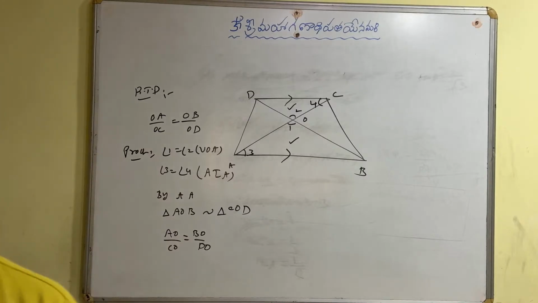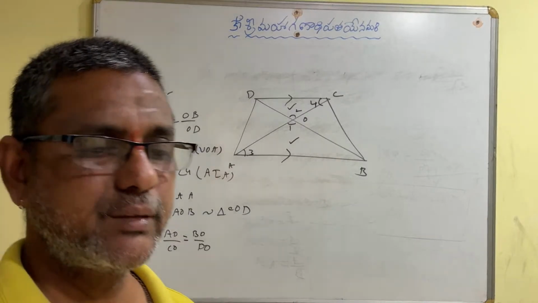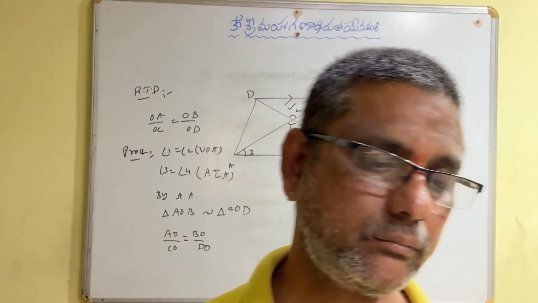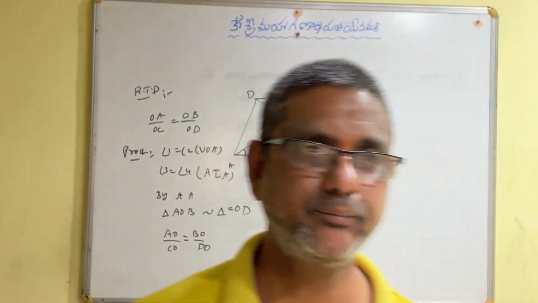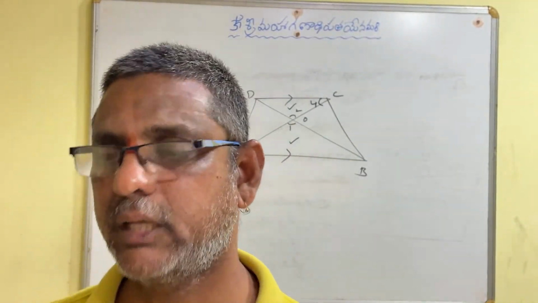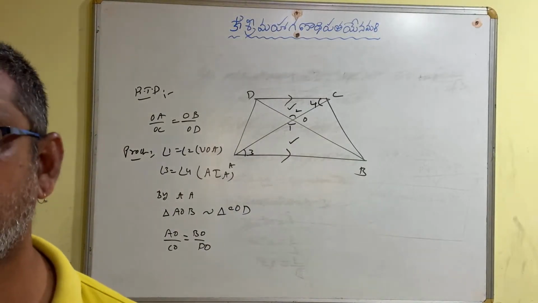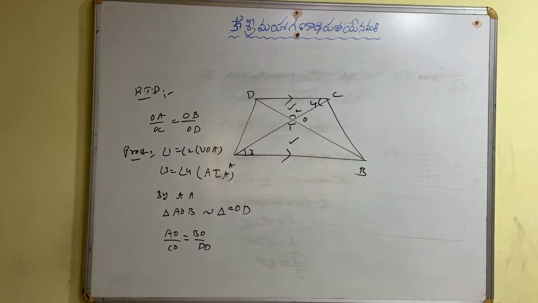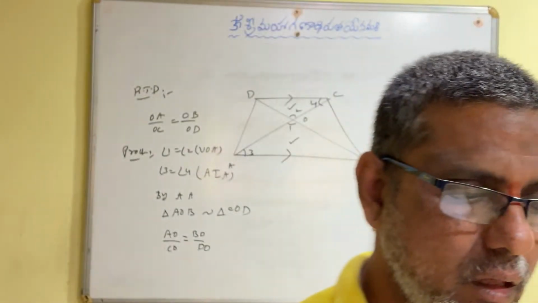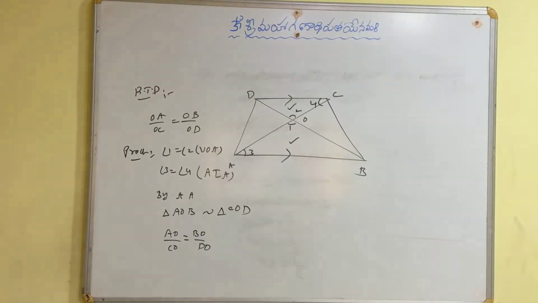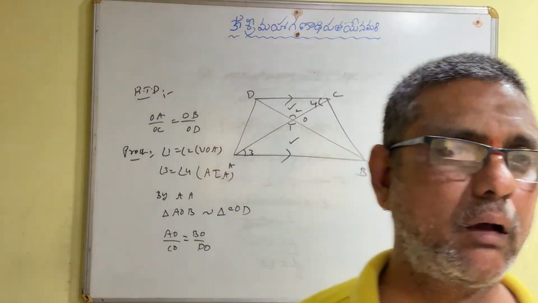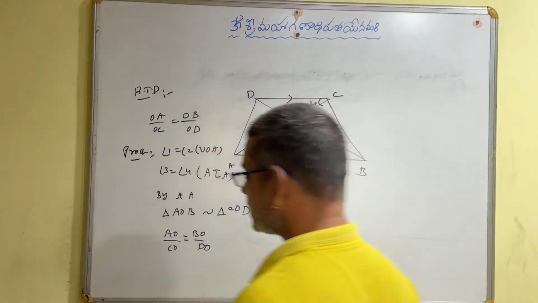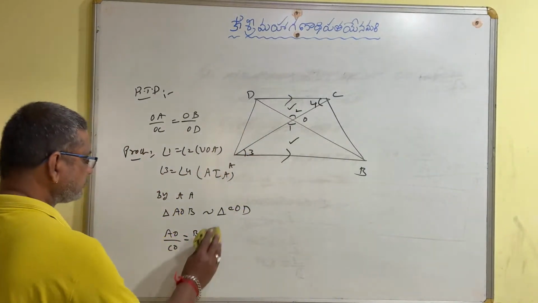Problem over. Very simple. Okay na? We just need to prove triangles AOB and COD are similar to each other. ఎవరైనా రాంగ్ చేసినుంటే, if anyone did this problem wrong, at least they can understand it now.